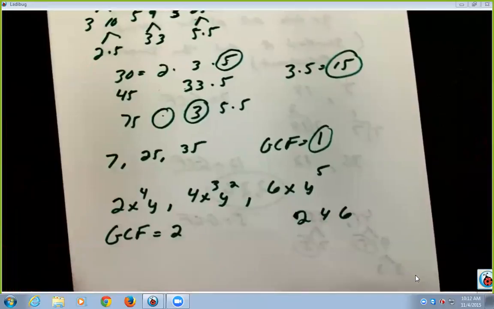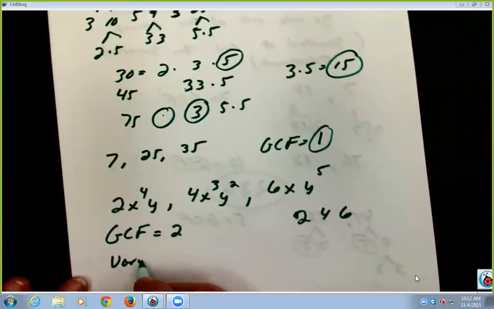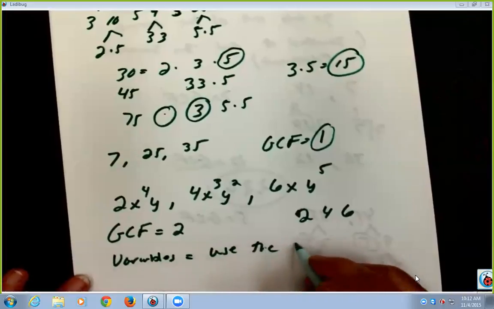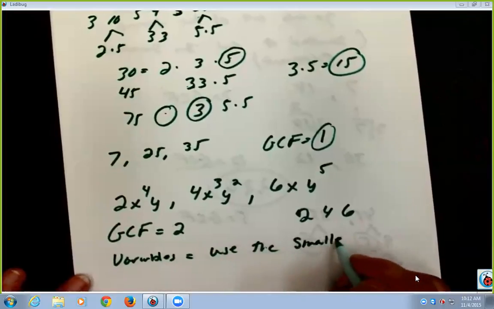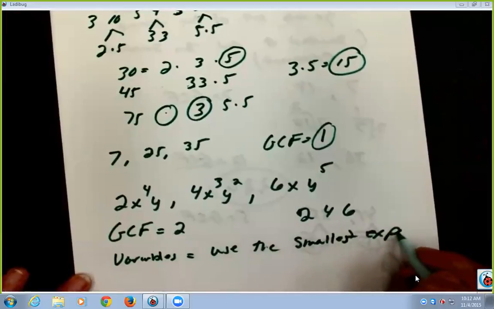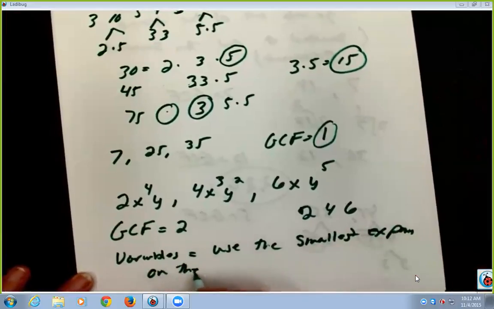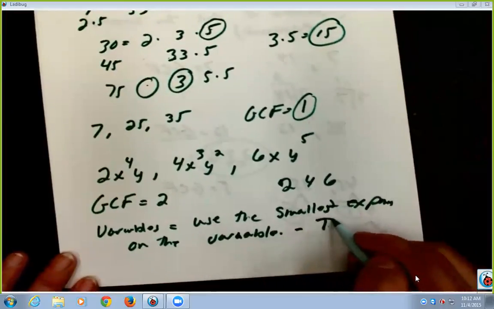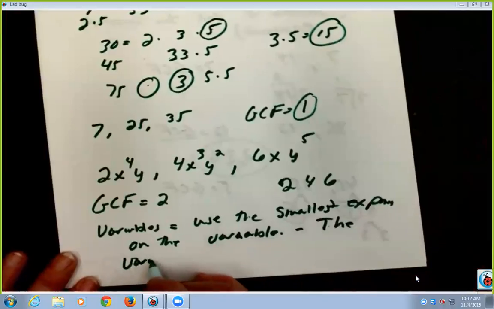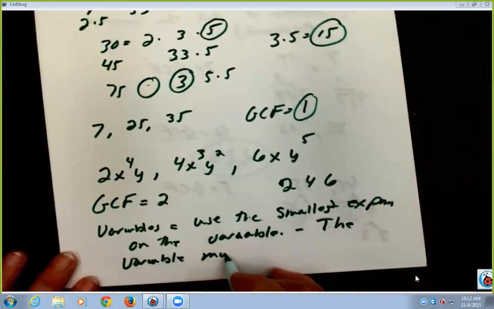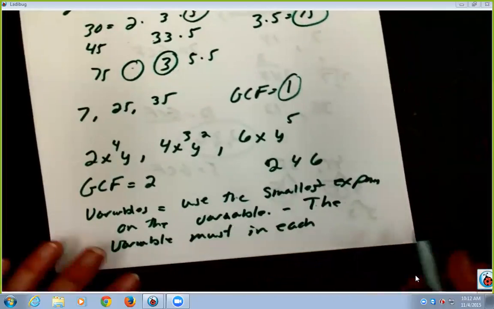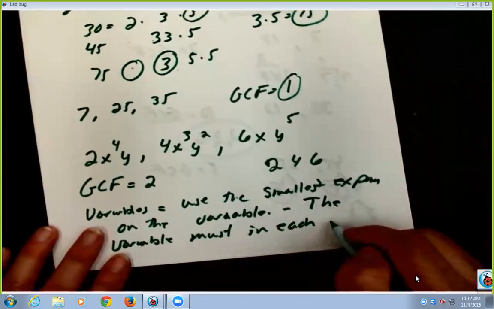Now, when you look at the variables, use the smallest exponent on the variable. And the variable must be in each term.